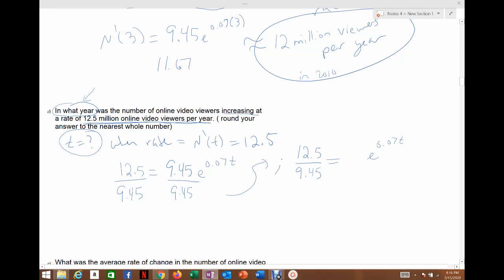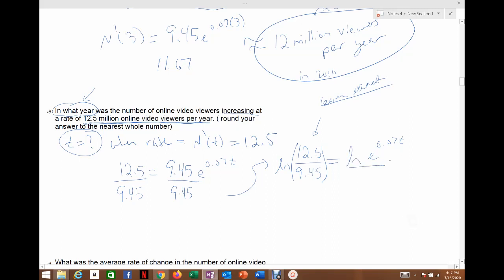Take the natural log of both sides, so natural log of that fraction, where we left the fraction exact. Remember, leave exact. It says leave exact. Do not round this fraction. Natural log of it equals the natural log of the other side.